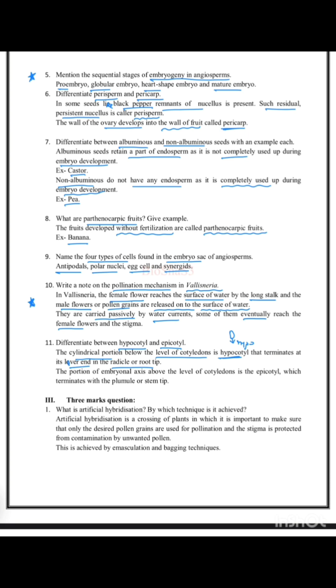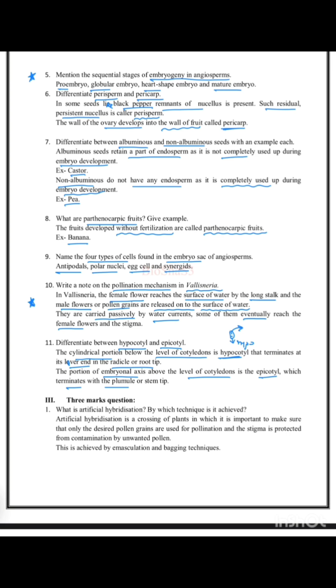The portion of embryonal axis above the level of cotyledon is the epicotyl, which terminates with the plumule or the stem tip. So you know that plumule will give rise to shoots and the radicle will give rise to roots. Below the cotyledon you call it a hypocotyl, and above the cotyledon region you call it an epicotyl.